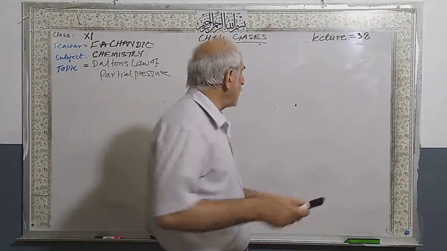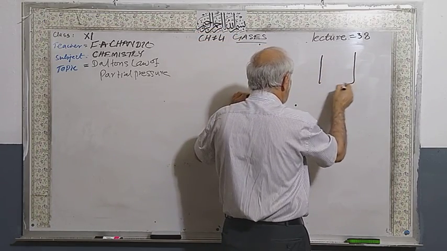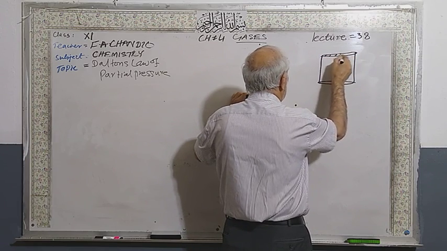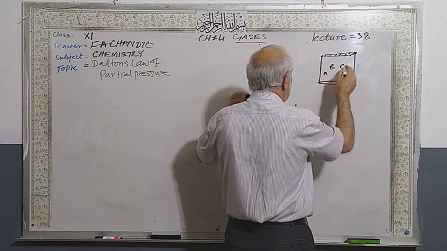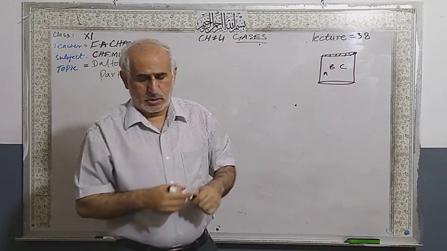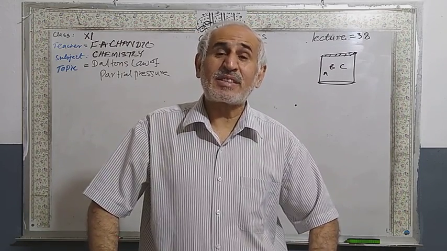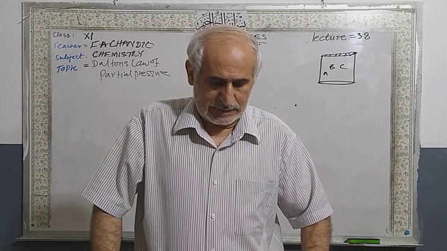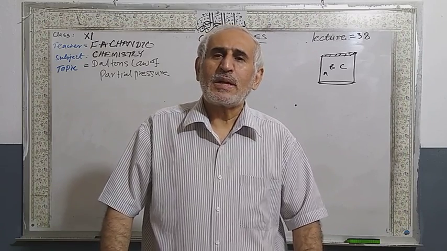In a closed container, if we have certain gases, this is a closed container, gas A, gas B, gas C. And there is one very important condition you must write while writing the definition of Dalton's law of partial pressure.